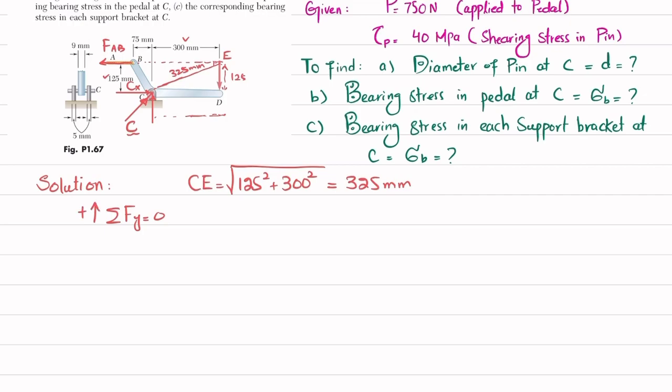So you can see we have three forces. One is P, that is downward. The second is this vertical component. So how will you find this vertical component?